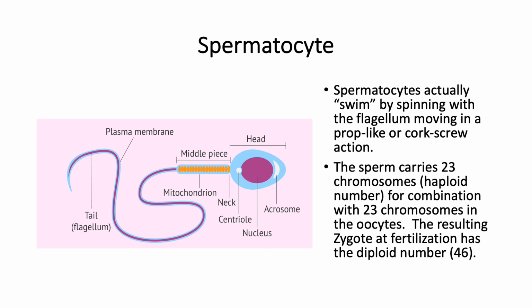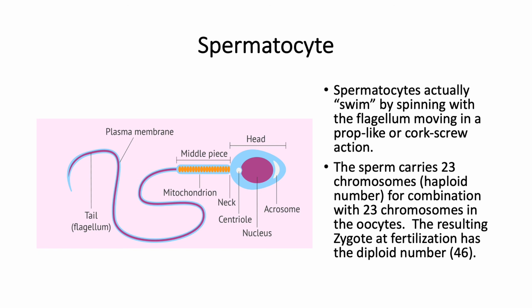So spermatocytes do not develop until puberty. Oocytes begin to be matured one at a time, sometimes two, every menstrual cycle or ovulation cycle.